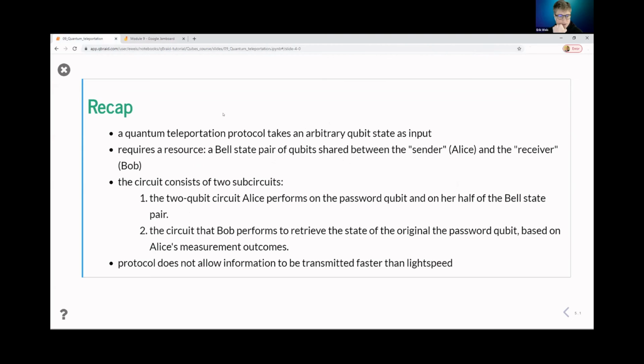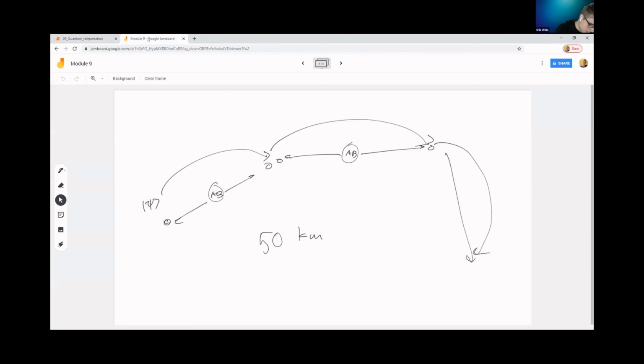Okay, so questions. Yeah, so what if we wanted to teleport two qubits at once? Well, what we could do is we could just create another entangled pair, and we could just apply the same operation twice.